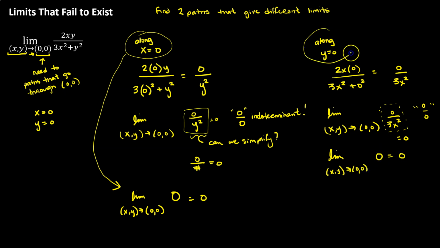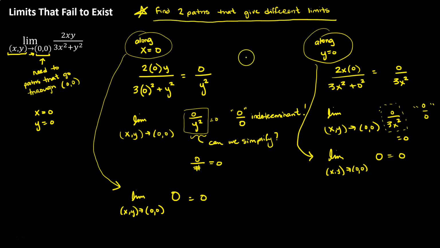Now here's where we need to be careful. Remember, our goal is to find two paths that give different limits. We found two paths that give the same limits. Basically, that says our job is not done. Finding two paths that give the same limits is not the same thing as finding two paths that give different limits.